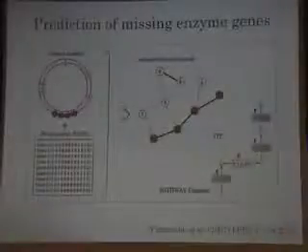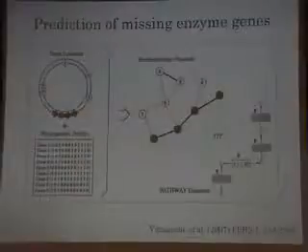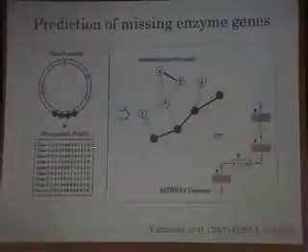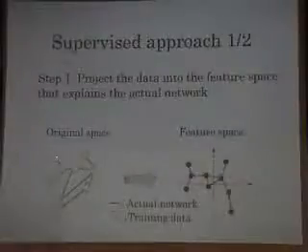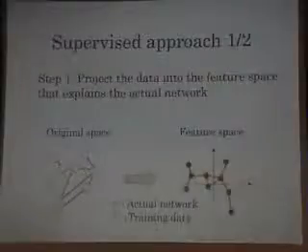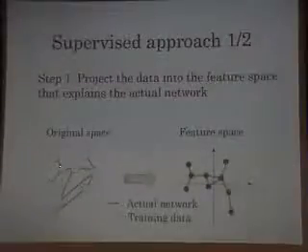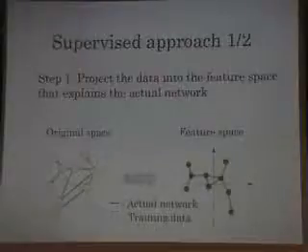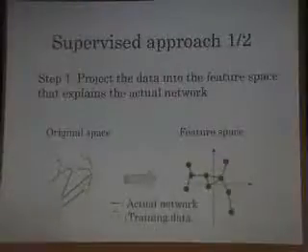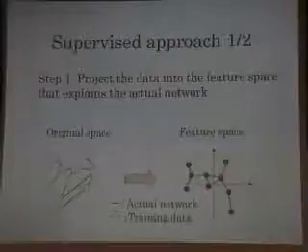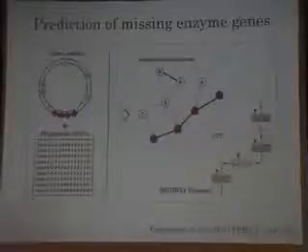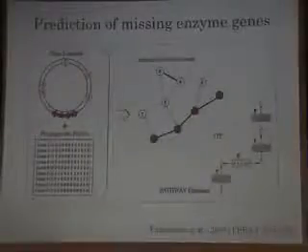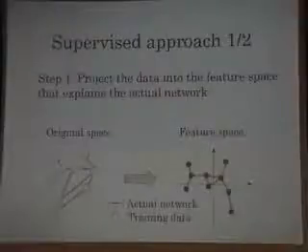We can define some similarity between these genes using, for example, the phylogenetic profile, and we plot the data. In this case, a circle means a gene, placed according to the similarity between them regarding, for example, the phylogenetic profile. But the actual network, the gene network or metabolic network, is sometimes different.